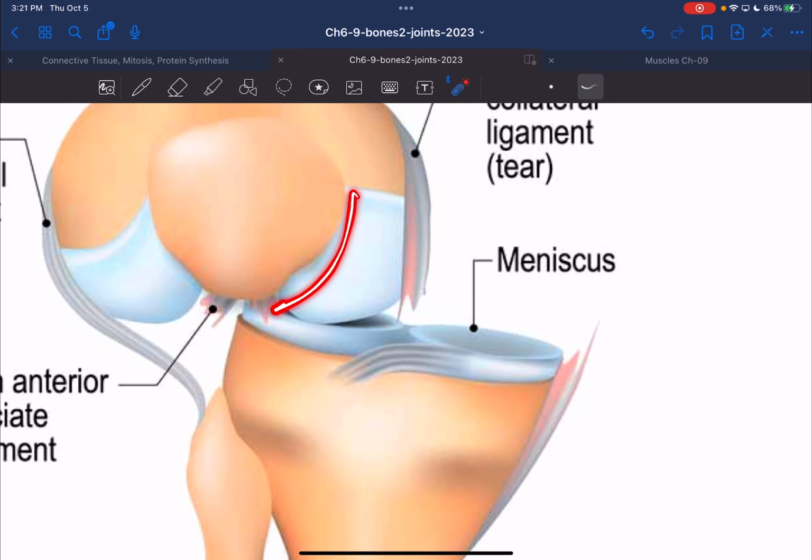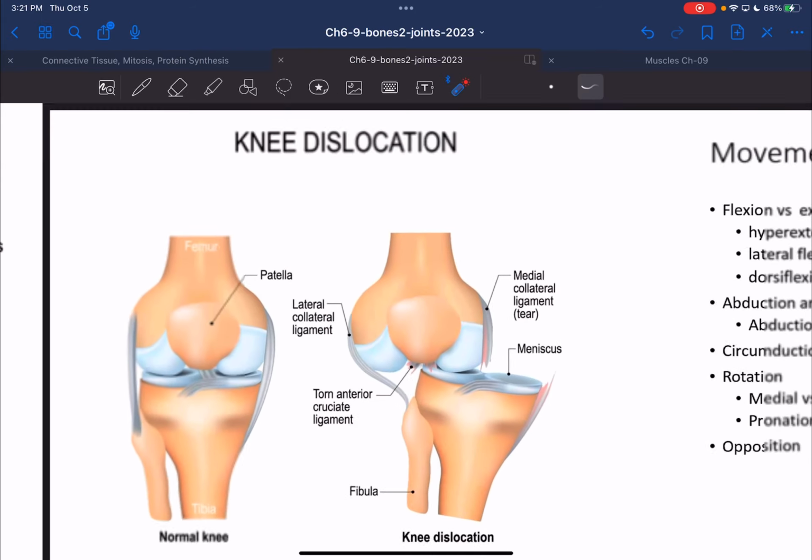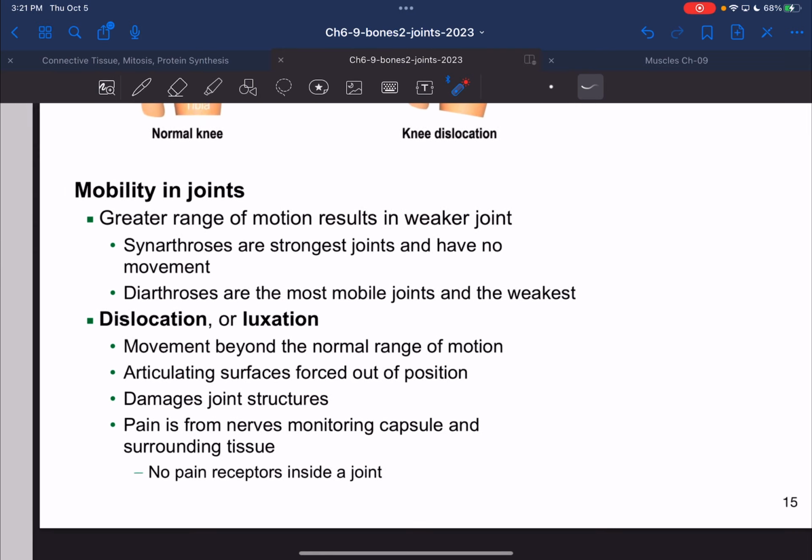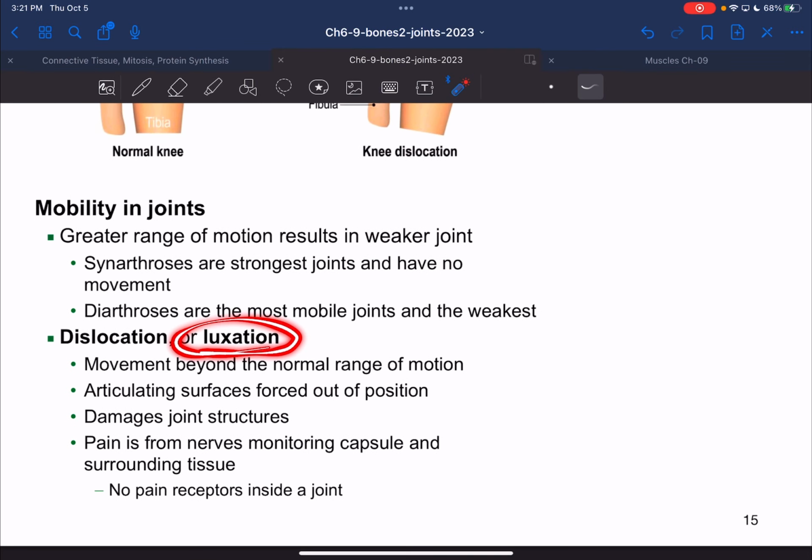The condyles always want to sit on top of their menisci, and when that placement gets removed, dislocation can also be referred to as luxation. You'll rarely see this, but just know dislocation. That's good enough for me.